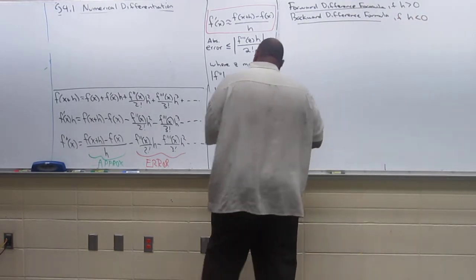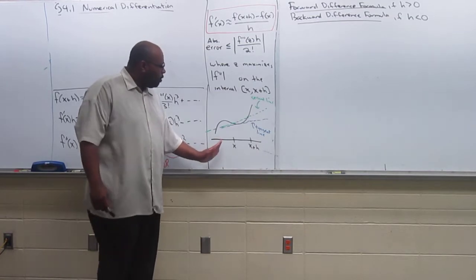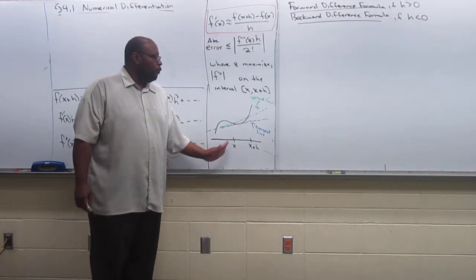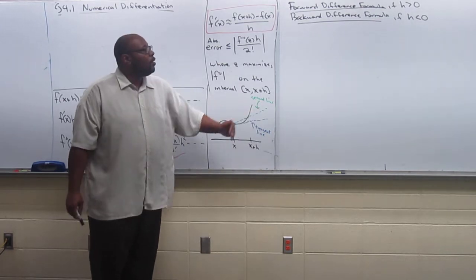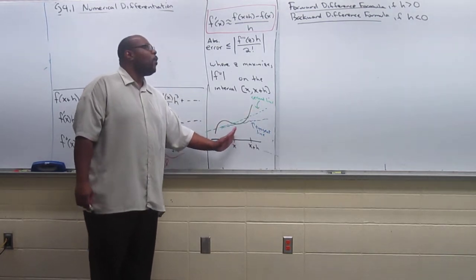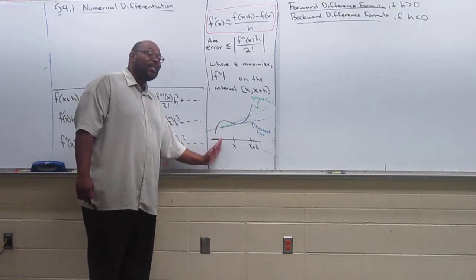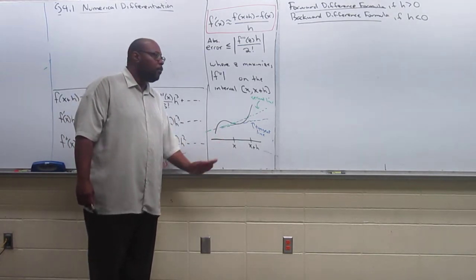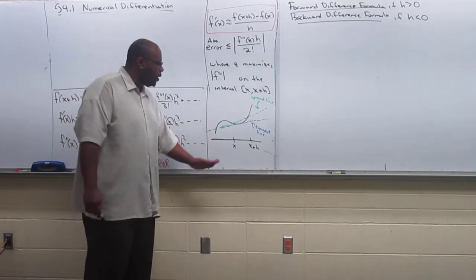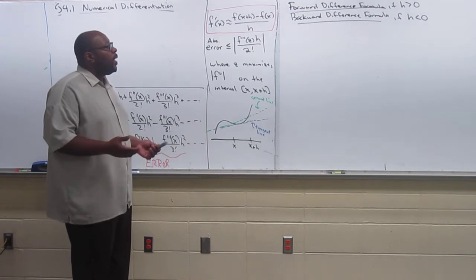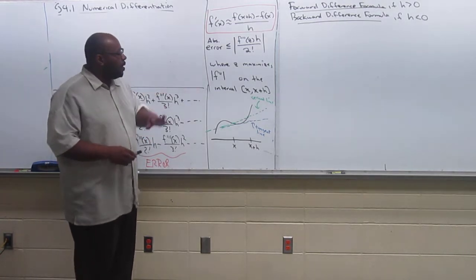It's called the forward difference because we're adding a positive value to x. Forward in time, you can think about it like that. It's called the backward difference because we're taking away from x, so we're moving to x minus h, where h was a positive term. So we're going to the negative. So we have the forward difference formula and the backwards difference formula. This is the name for this.